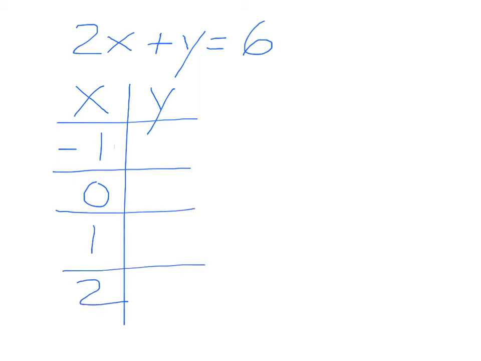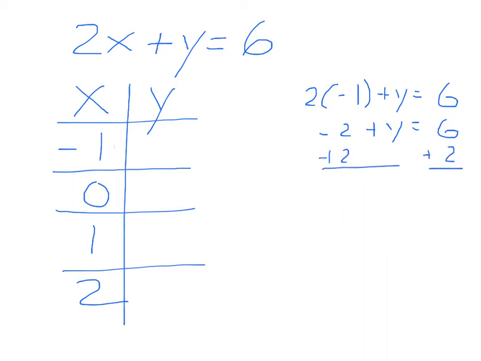When I use negative 1, I get 2 times negative 1 plus y equals 6. That's negative 2 plus y equals 6. I'm going to add 2 to both sides, so I'm literally solving the equation to get y equals 8. So my ordered pair will be negative 1, 8.